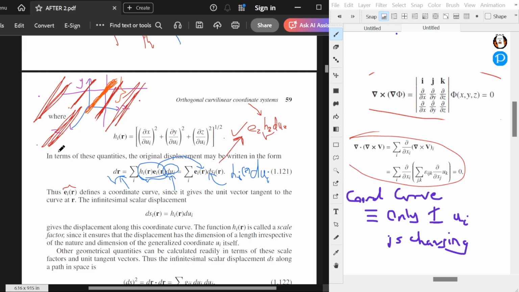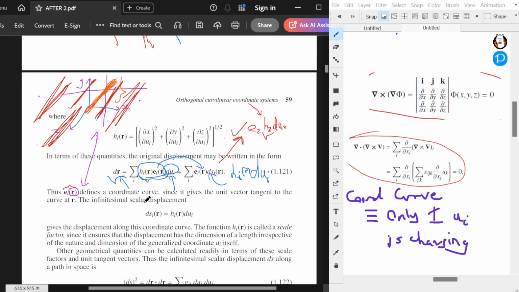I'm figuring it out for myself, activating the neurons. So it's like what I was saying up here, where all of this is about one point, and at every different point we have a different curve. That's just what I get from this. Thus, e_i defines a coordinate curve, since it gives the unit vector tangent to the curve at r.